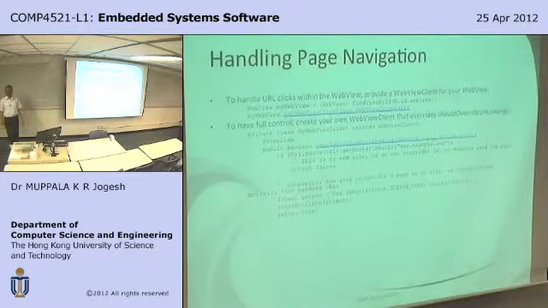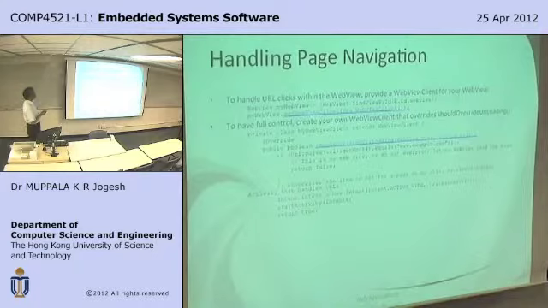Now, if the user clicks URLs in the web view, you have two choices: either to pop up a separate browser or to directly load the URL into the web view. So for this, for WebView, you can set the WebView client.